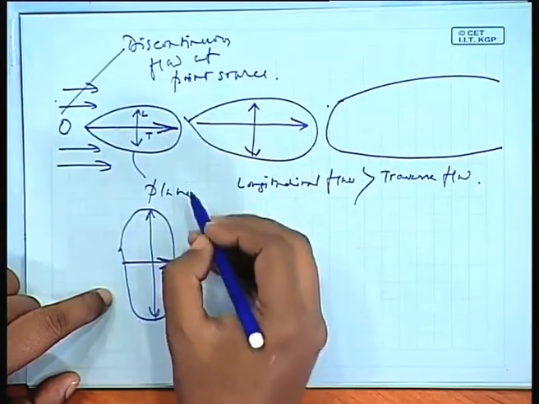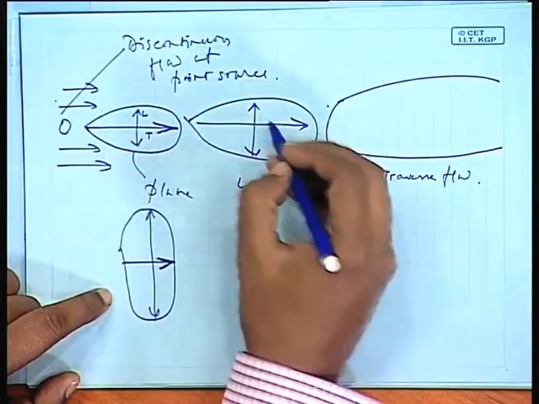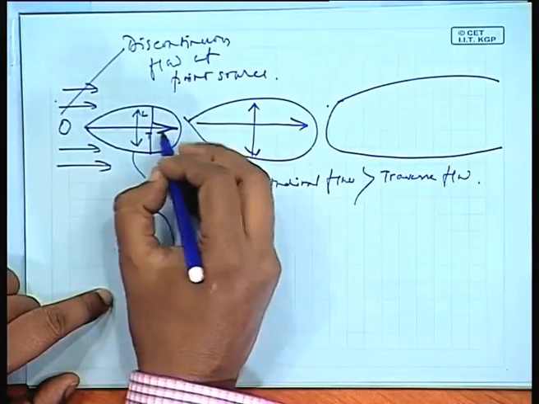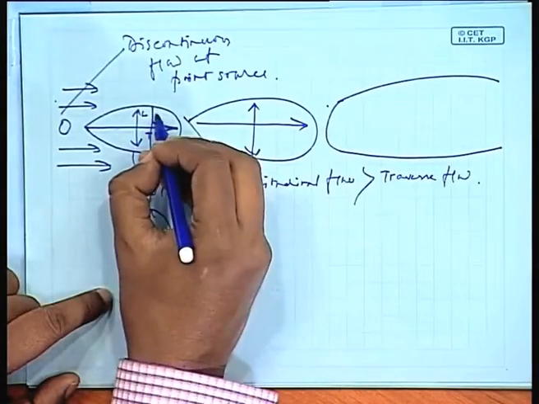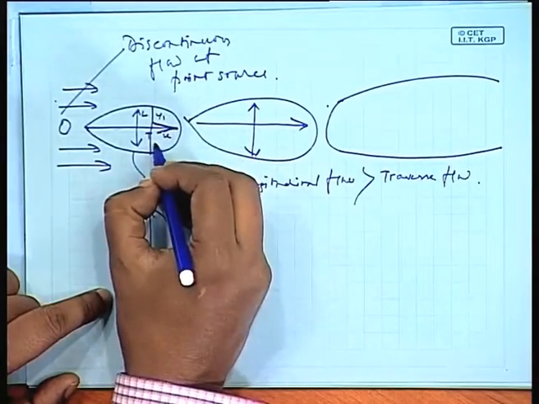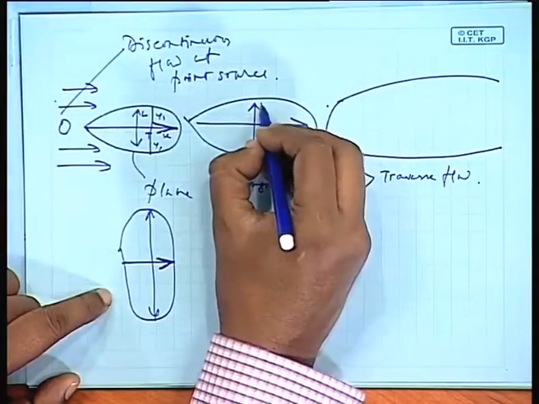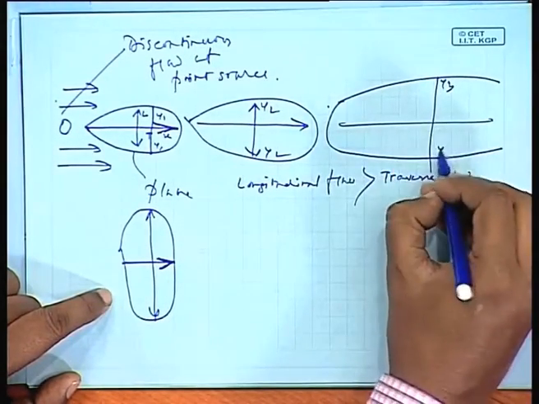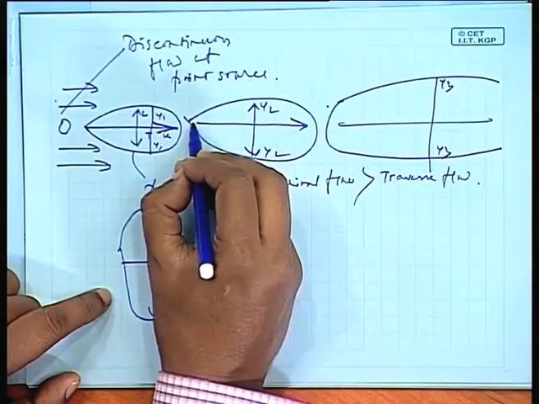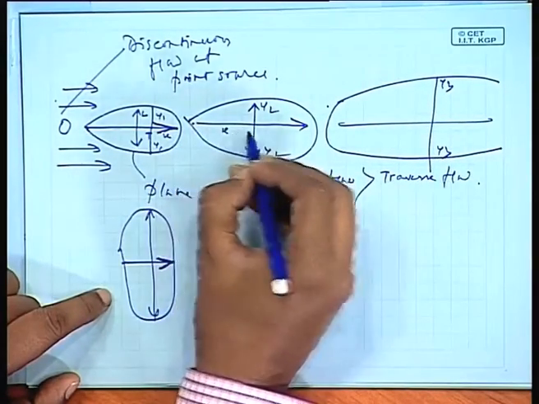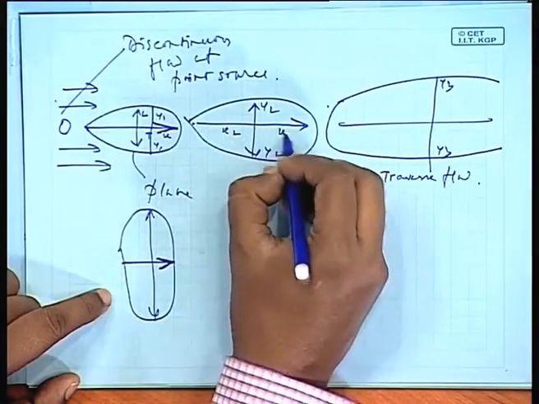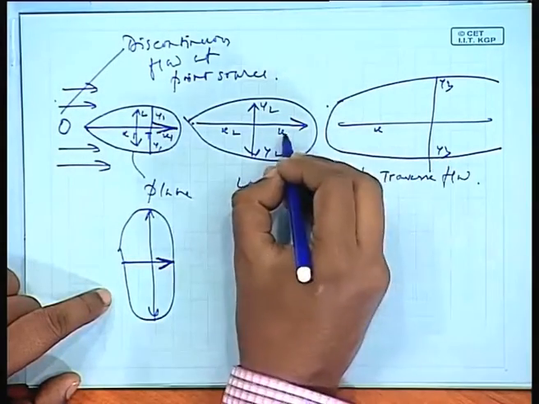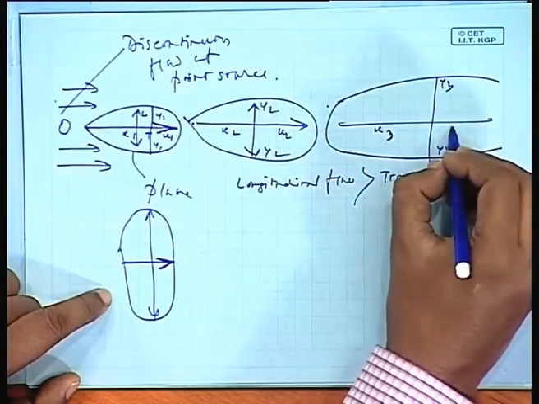One interesting thing here you must observe: say this one is x, with y1 on both sides, then y2, y3. Considering this is x1, then x2, x3.